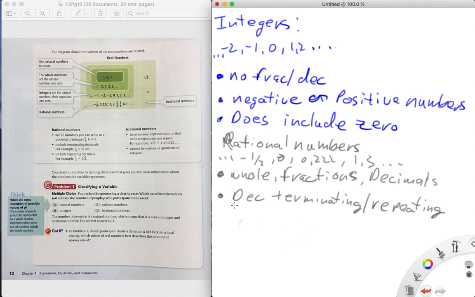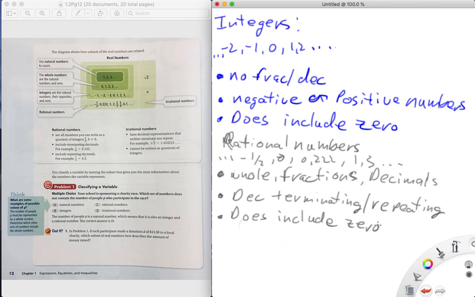And lastly, it does include 0. So rational numbers: whole numbers, fractions, or decimals. The decimals could be either terminating or repeating, and it does include 0.